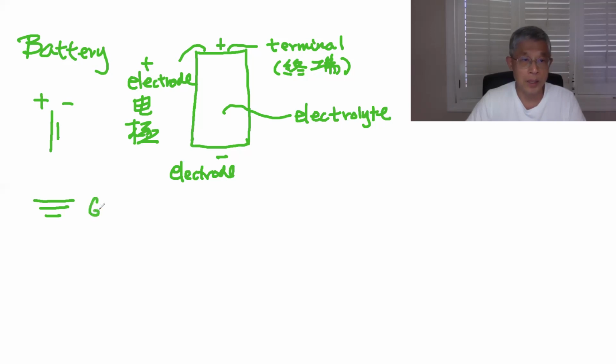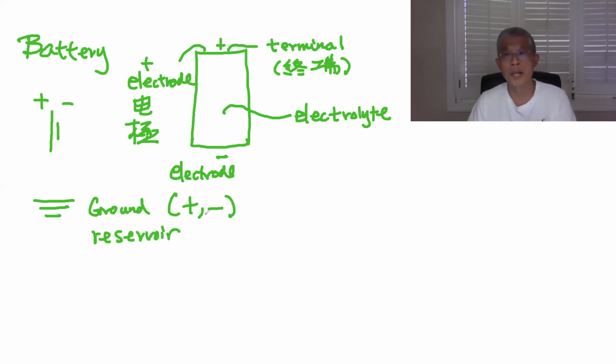And so the ground has a lot of positive, has a lot of negative, right? So lots of them. So it's kind of like a reservoir. Okay. So if you take out one electron, there's no obvious change to the ground.